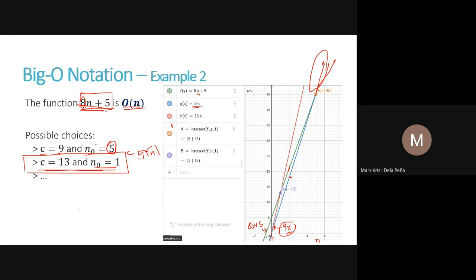Now another possible solution is this, where n sub 0 is equal to 8 and g of n is 13x. So here we can say that at n equal to 1, that will be the time that this function would have a much greater growth rate compared to our original function, f of n.